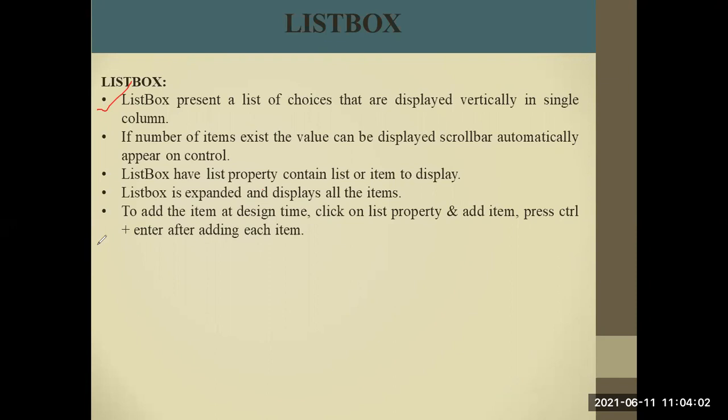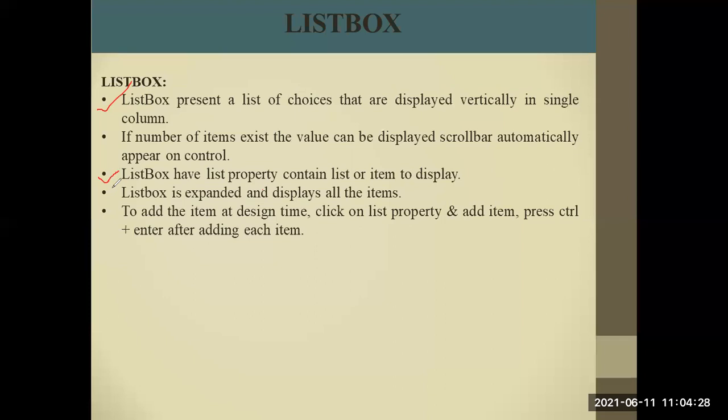Then the list box has the property to contain a list of items to display. The main property of the list box is to list or display the items that are available in my list box. Now, the next point: the list box can expand and display all the items.